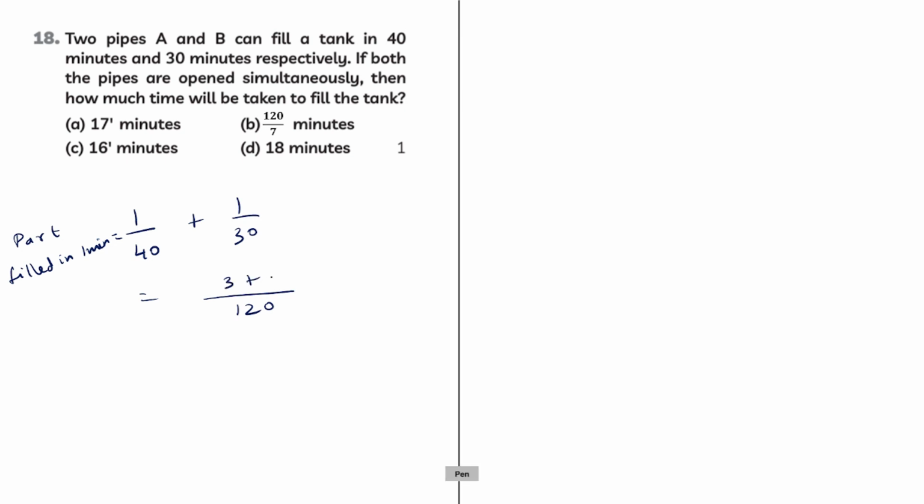In the numerator we have 3 plus 4, which is 7 by 120. As a result, the time taken to fill the tank will be the reciprocal of this, which is 120 by 7 minutes. So the correct option is option B, 120 by 7 minutes.